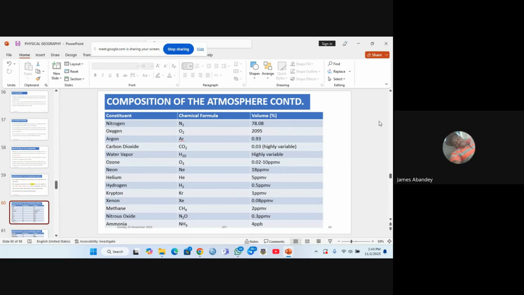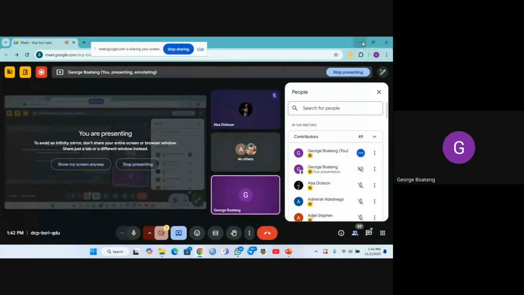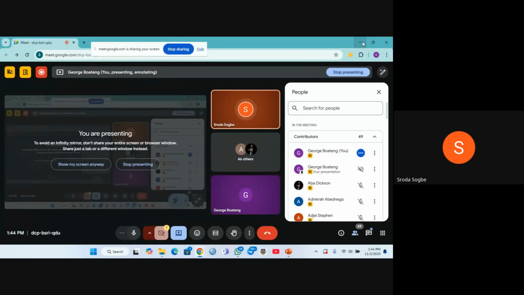Okay, all right. Sir, in the comment section, Lawrence Boa is asking, in which layer does lightning happen? What is your take on that? Sir, I want to contribute. Okay, go ahead. It happens in the first layer where all weather conditions occur.